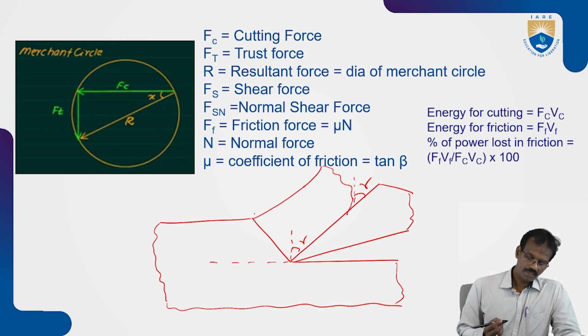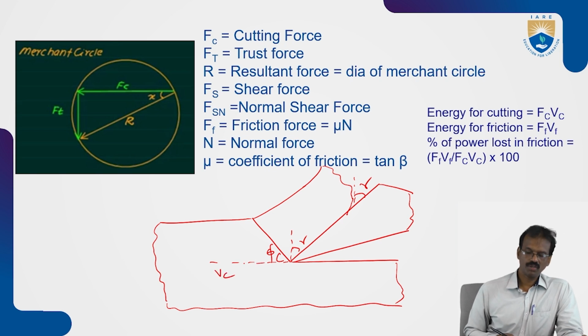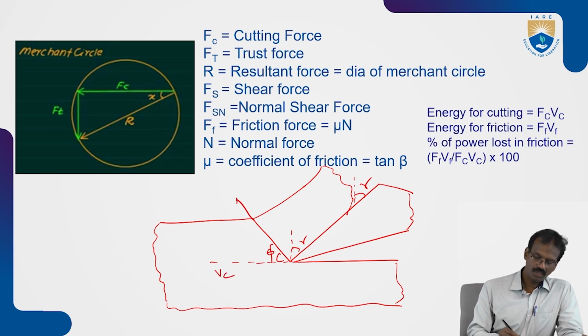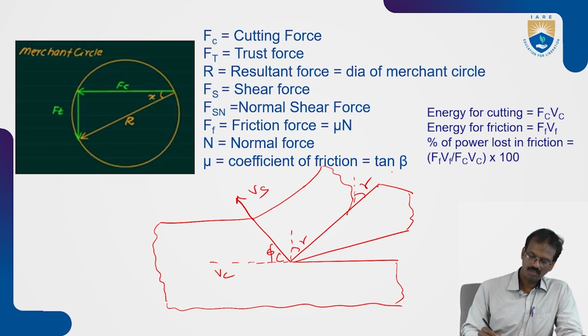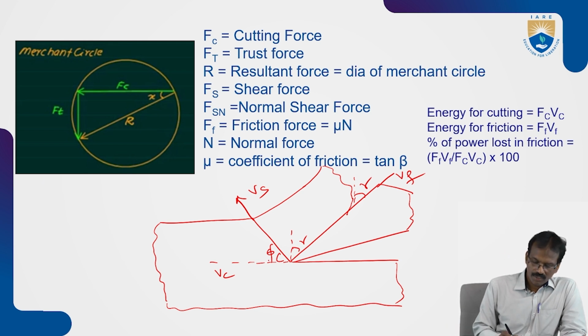So here in this direction, this is the shear angle. In this direction we'll see the cutting velocity. In this direction we'll see the shear velocity. In this direction we'll see the velocity of the friction. In a similar manner, force also acts in this direction.